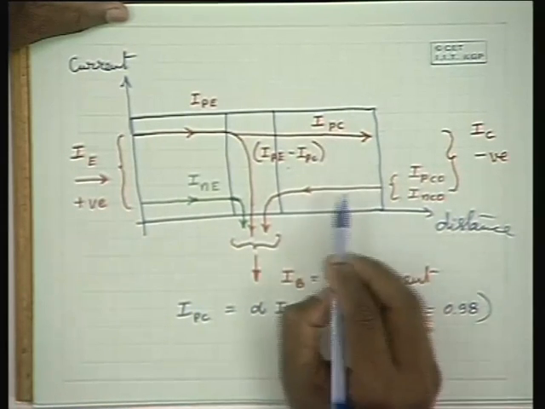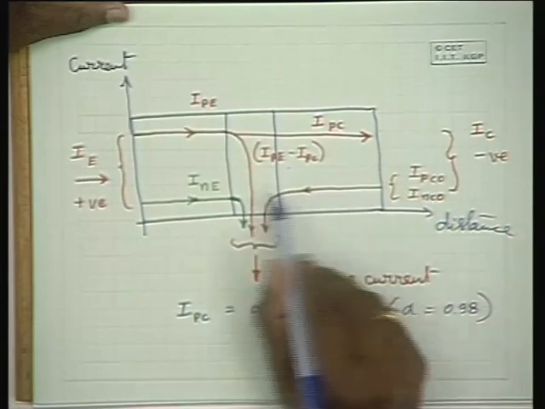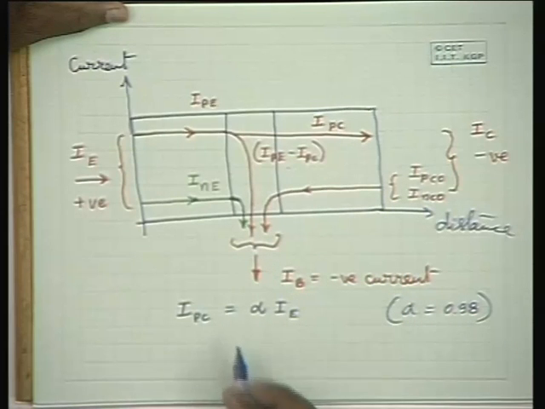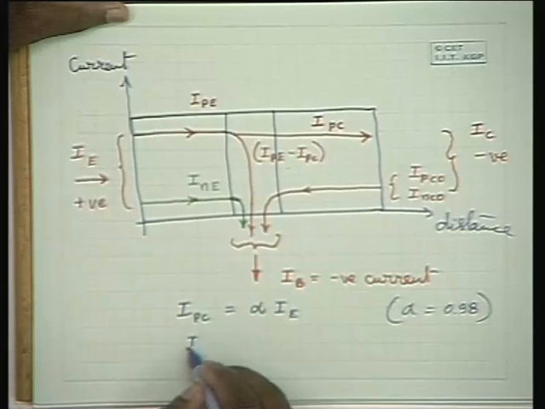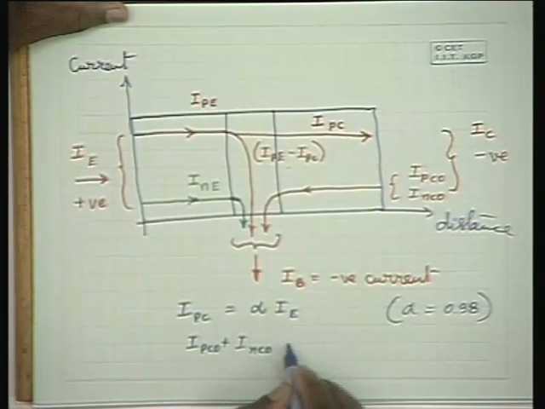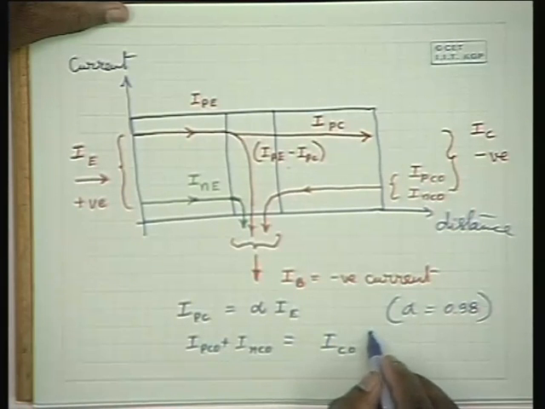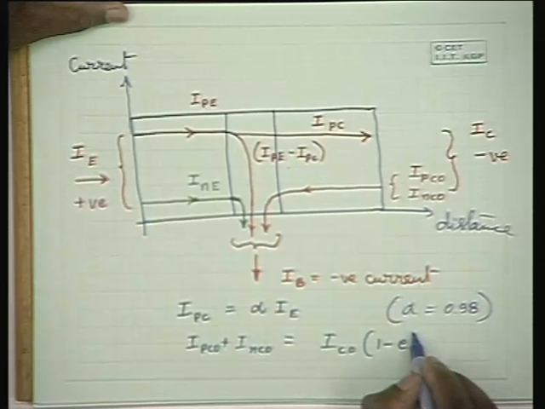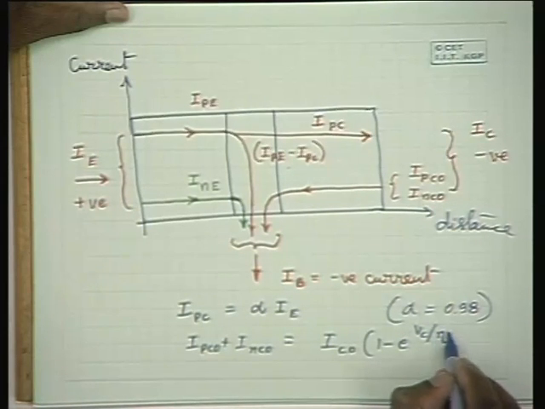And apart from this, you have this current here, which is due to the reverse biased PN junction. That current can be expressed as IC naught into 1 minus e to the power of Vc by eta Vt.